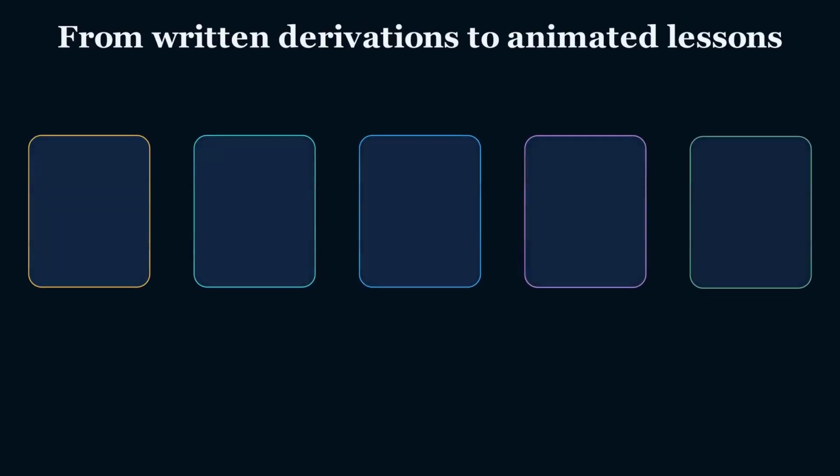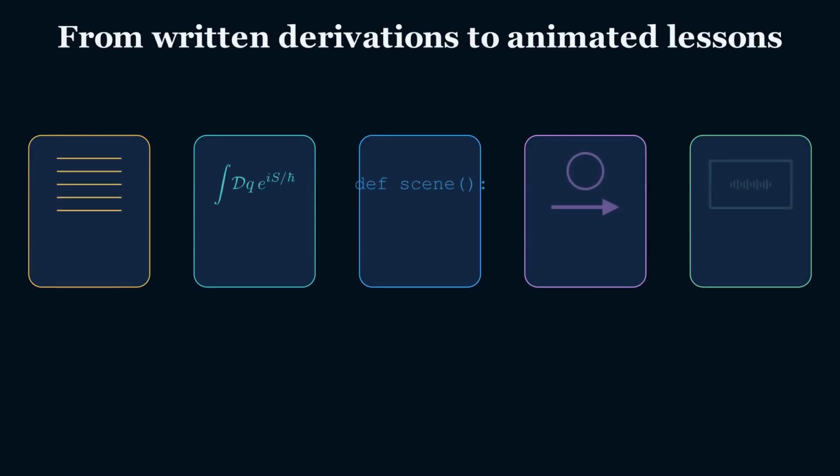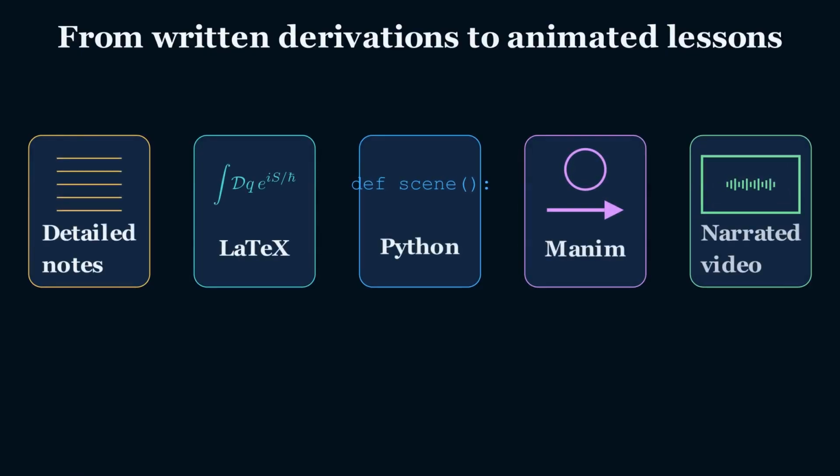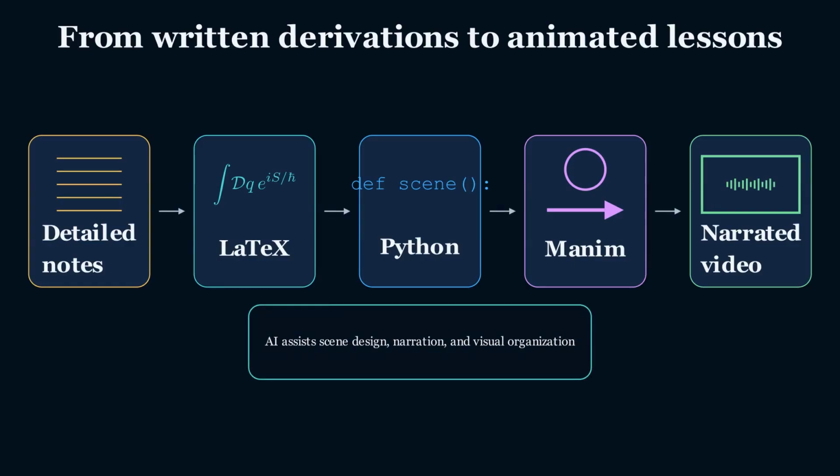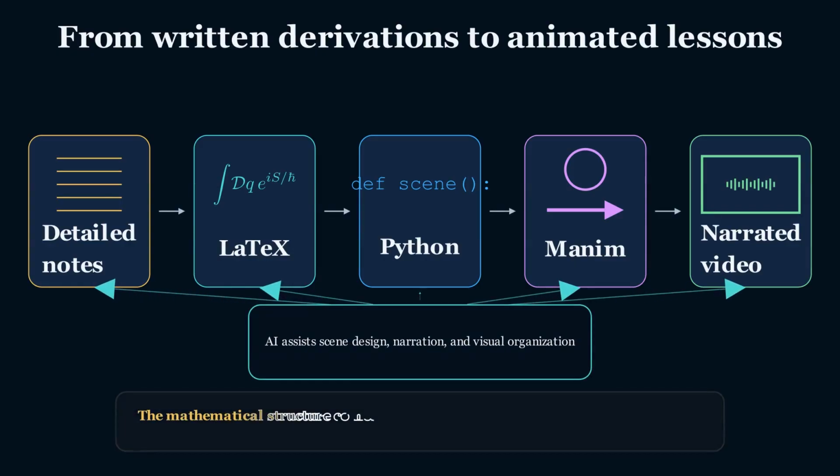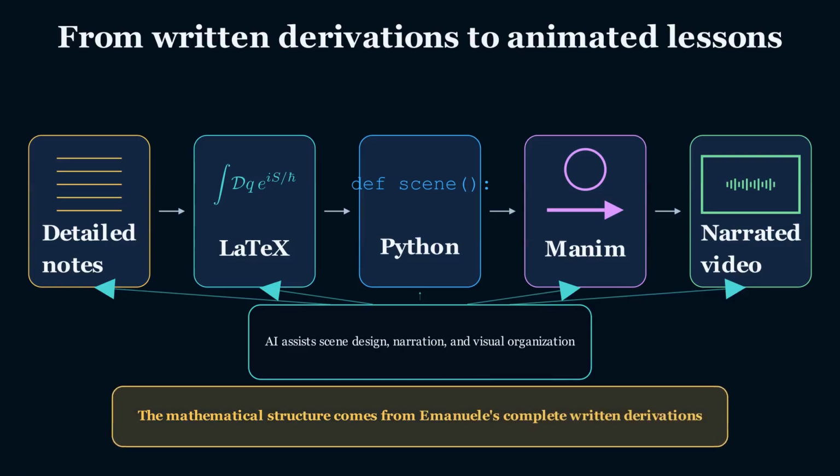Once the notes had become sufficiently complete, the author of this course began transforming them into video lessons with the assistance of artificial intelligence, Python, LaTeX, and Manim. The written derivations determine the mathematical structure. Artificial intelligence assists with dividing the material into teachable scenes, refining the narration, and identifying where a visual explanation can clarify a dense paragraph.